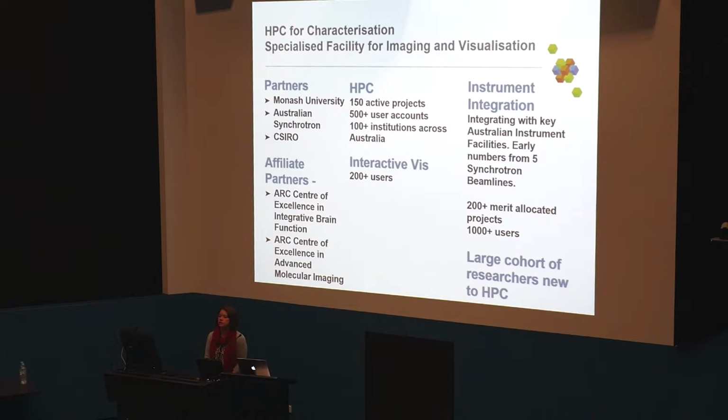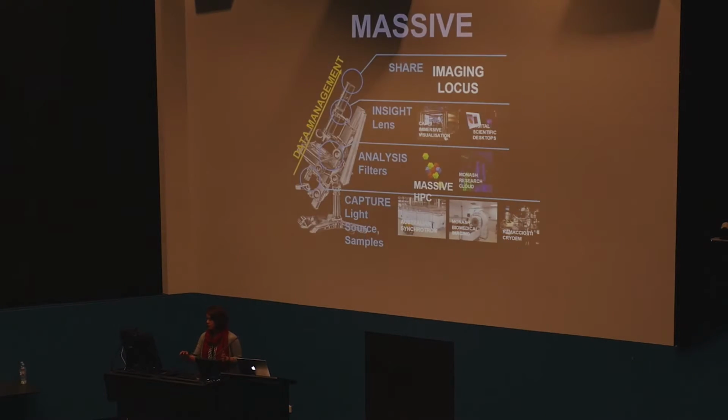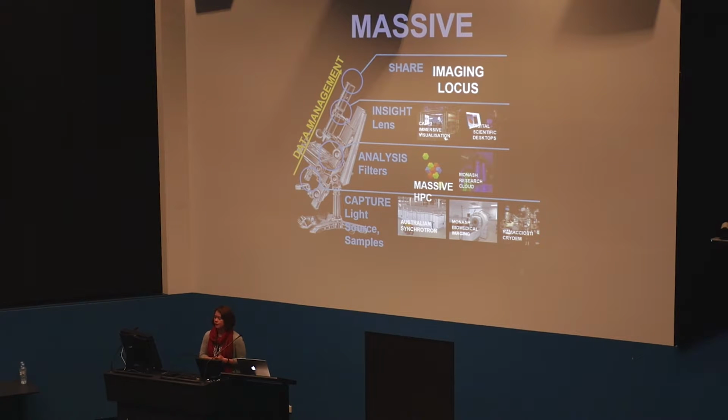The main focus for Massive is to integrate the instruments that are provided by our partners, for example the Australian Synchrotron, to provide the platform to analyze, filter, and present the data. Massive is sitting at this stack.